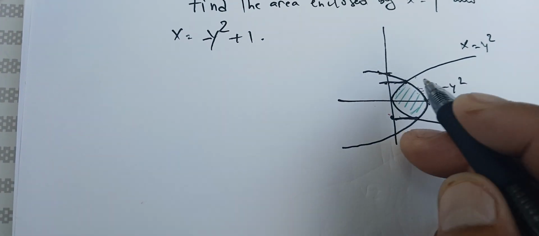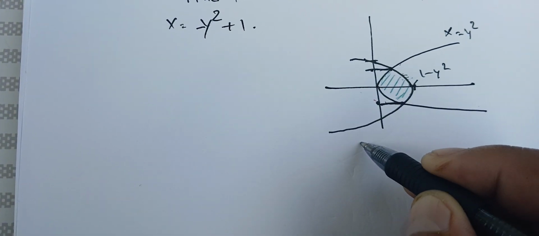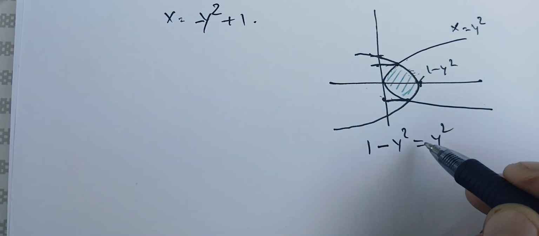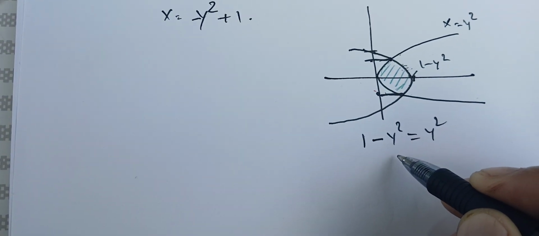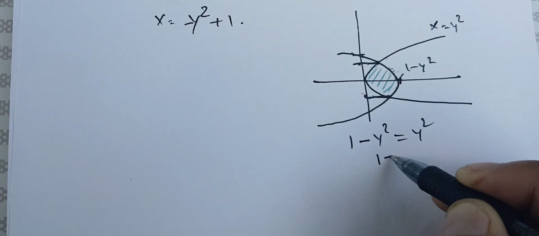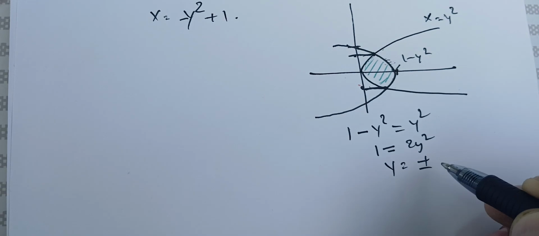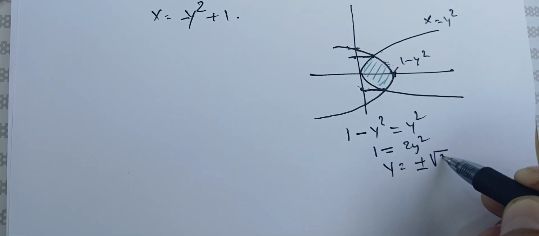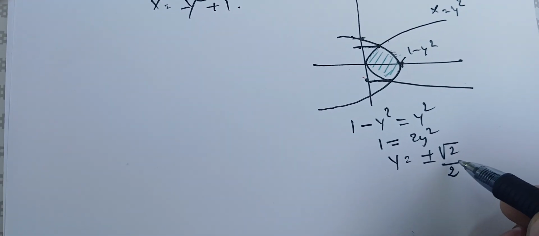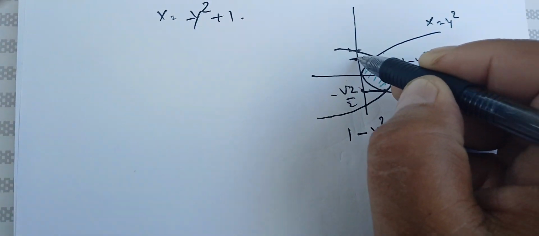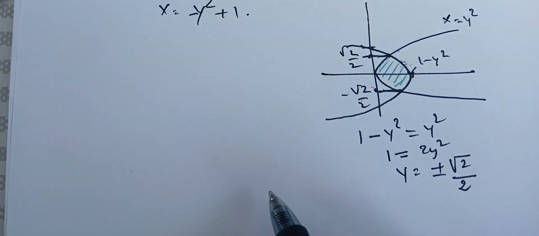So to do so we have to solve the equation 1 minus y squared equals y squared, and when we do so we're gonna get 1 equal to 2y squared. This gives us that y is plus or minus square root of 2 over 2. So this is minus square root of 2 over 2, and this is square root of 2 over 2.